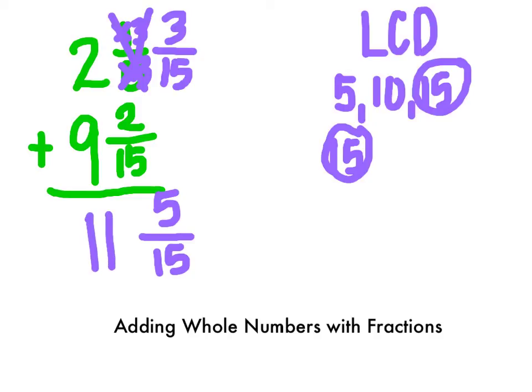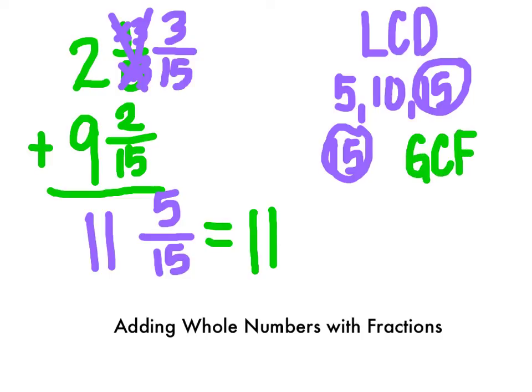Now looking at this, the fraction part can be reduced. My whole number stays the same though. Now reducing, I need to figure out what goes into 5 and into 15. I can figure that out by finding the GCF, or the greatest common factor. I'm going to list the factors of 5, which is 1 times 5, which equals 5.